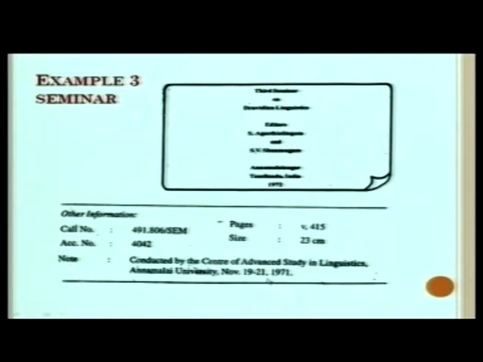It is conducted by the Center of Advanced Study in Linguistics, Annamalai University, during November 19 to 21, 1971. So, this is additional information which has been given, and that would be considered as a note. The rest of the details we have to simply identify and record accordingly.